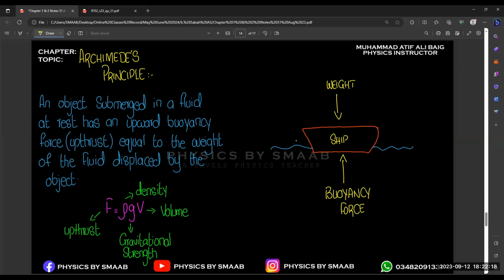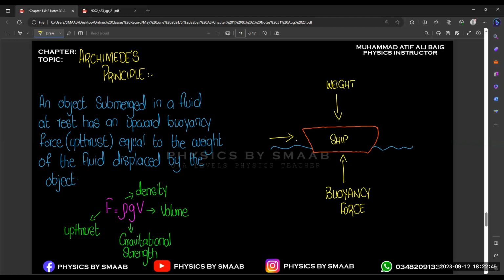Yes, we can also say that it is equal to mg, because we know the formula W equals mg, so we use the same concept. And the third one will be the displaced water, which will push the ship in the forward direction. But we are only talking about the upward and downward forces, so both are equal. When both forces are equal and opposite, you know that the object will float, right?